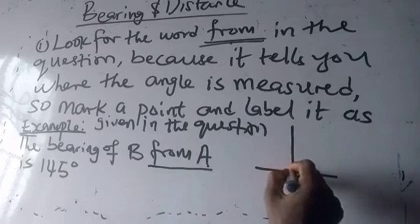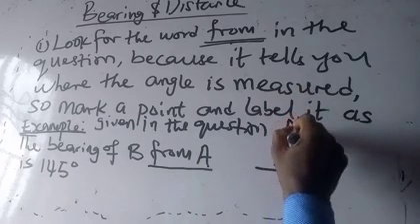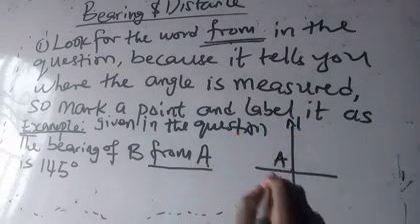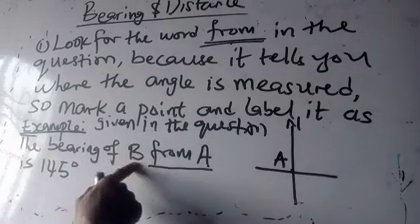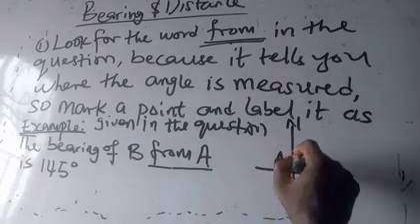The starting point is A. A has its own north pole where you read the angle clockwise. The bearing of B from A, the starting point, is 145. So you start from here.